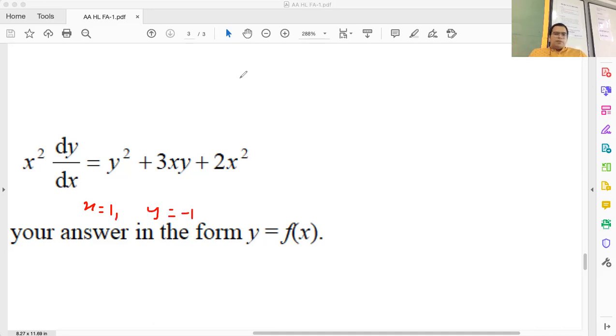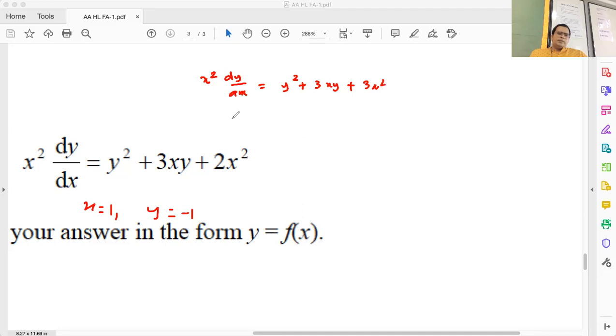Now, the first impression when you look at this problem is, what strategy should I use? They haven't given any of the methods that we have learned in class.